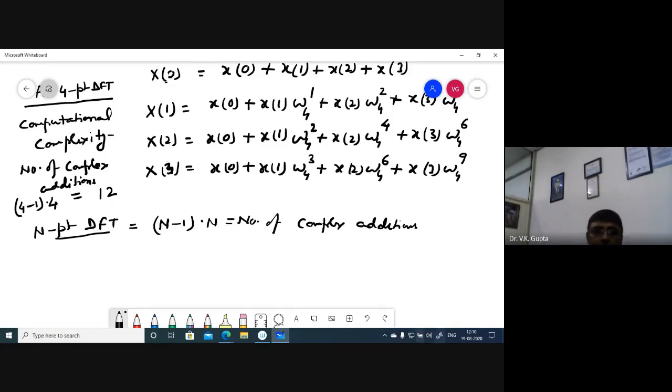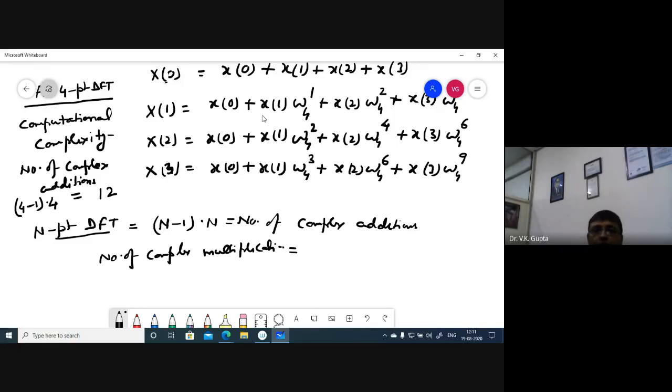Similarly, for the 4-point DFT, how many complex multiplications are there? For 1 point we have 4 multiplications: x0 W_4^0 first, x1 W_4^1 second, x2 W_4^2 third, x3 W_4^3 fourth.